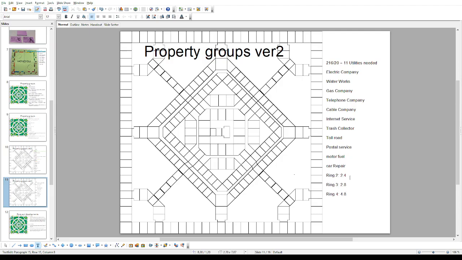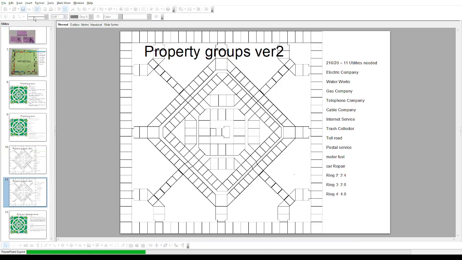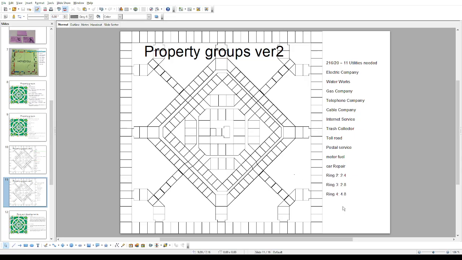Calculating 11 utilities, though. How many would you actually get if you had all 11 utilities? Oh, God. Oh, huh. Actually, you know what? I'm going to go look that up now. Ultimate Monopoly title deeds. So, let's see here. How many things does Ultimate Monopoly even have for that?